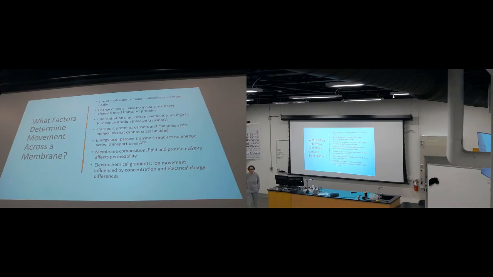And then the charged molecules, because they have a charge, they have to cross through a channel. Non-polar molecules cross the plasma membrane directly. Polar molecules have to go through a channel that will have, partially, the opposite charge. And then the concentration gradients. A gradient in physiology is a difference.